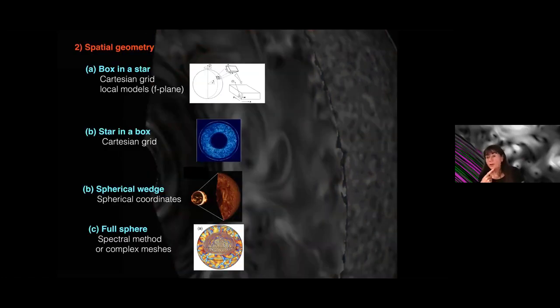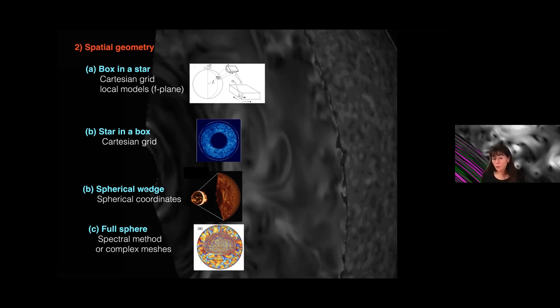What is interesting as well is that there are different ways of defining the spatial geometry. So you can decide to have a box in a star, where you use a Cartesian grid and you just look at a small cube in your star, or you can use a star in a box, which is also a Cartesian grid.